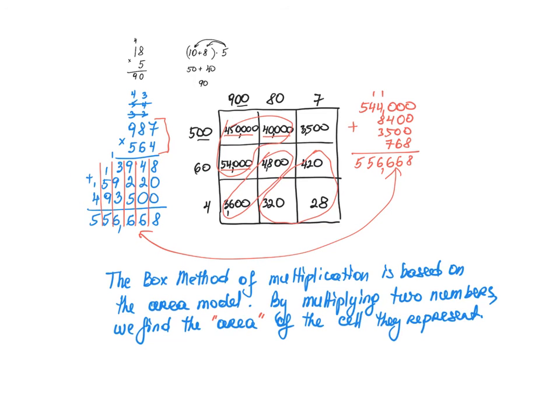The area model is behind the box method. In other words, when I multiply two corresponding entries to find the product that I write into each cell, in reality, I'm looking for the area of a rectangle that this cell represents. So when I multiply 900 by 500, I am really multiplying the length and width of a rectangle that has an area of 450,000 square feet.